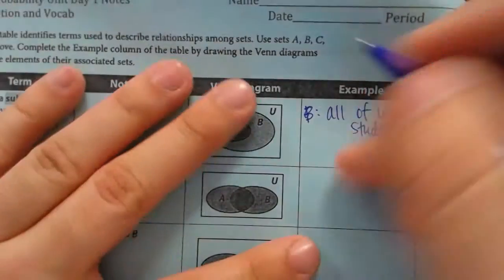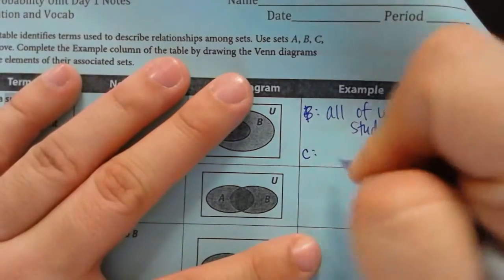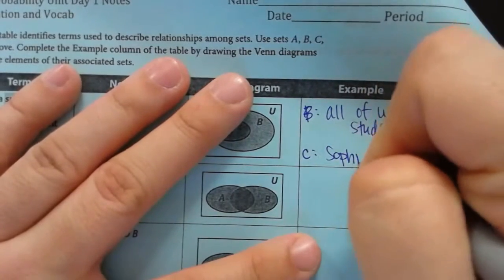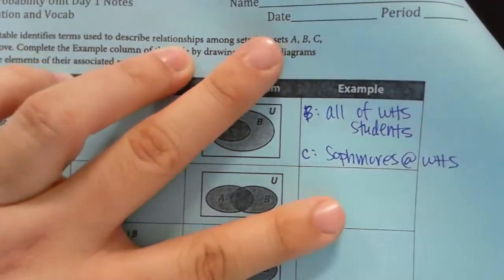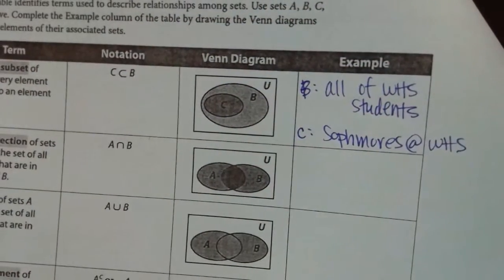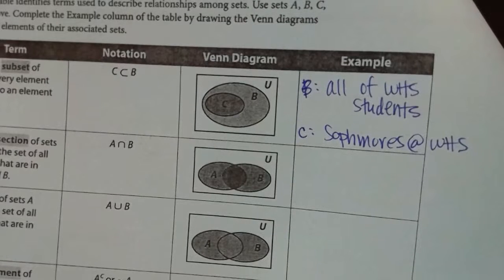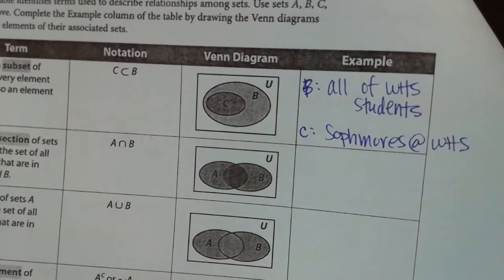All the sophomores. Okay. Set C, sophomores. You're still going to the school. You're just a certain group in the school.